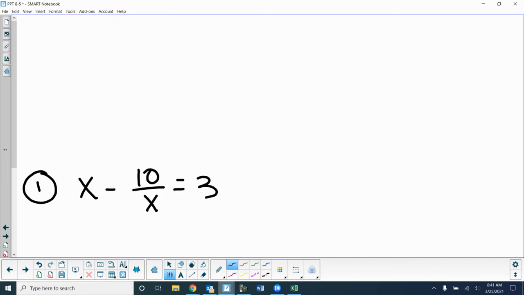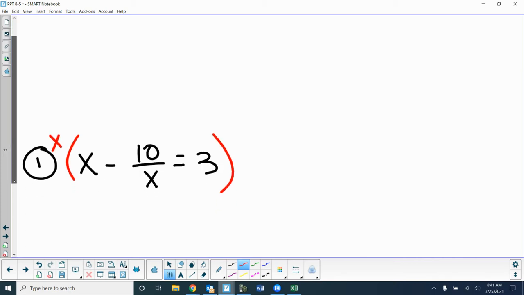It's driving me nuts already. So what's the common denominator for that one? X. It's the only denominator, right? So I have to multiply everything, all 3 terms, by x.